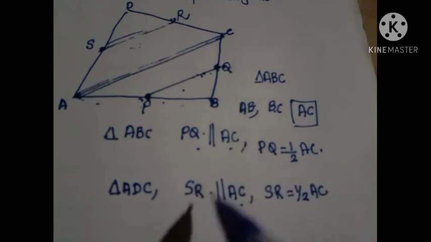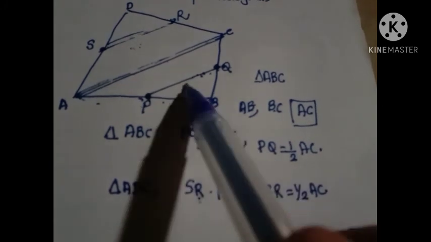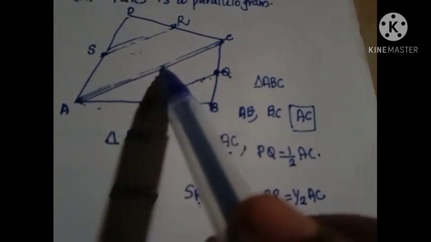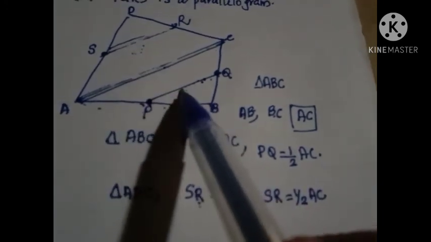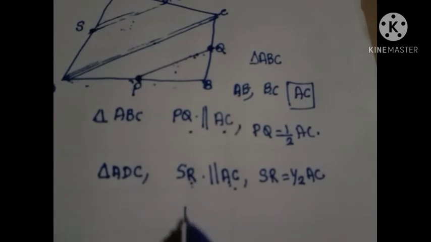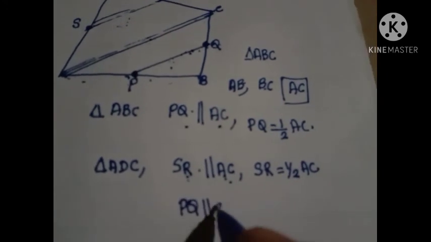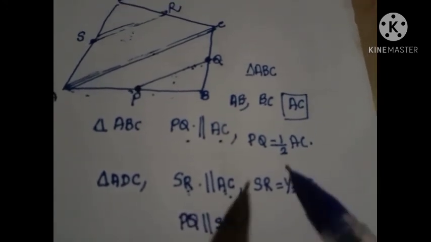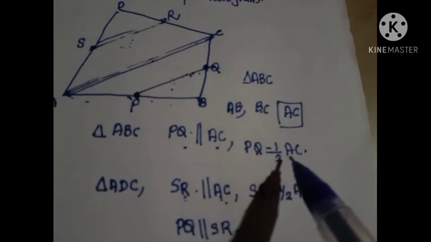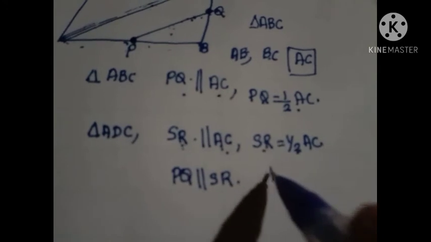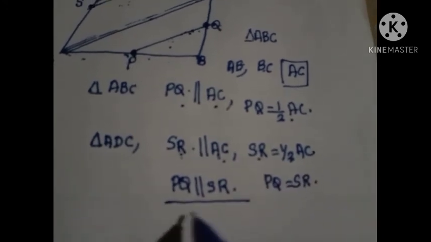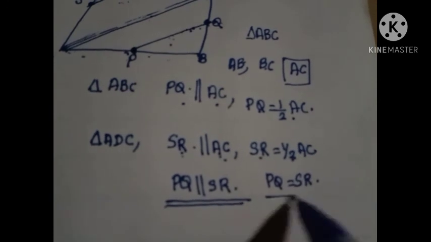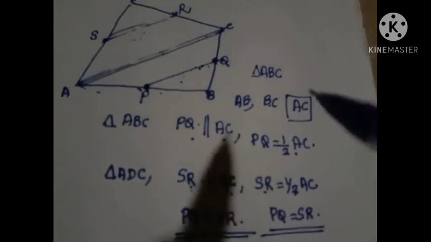PQ is parallel to AC, SR is parallel to AC. That means PQ and SR both are parallel. Now, PQ is half of AC, SR is half of AC. We can say that PQ is equal to SR. So we have PQ parallel to SR and PQ equal to SR.